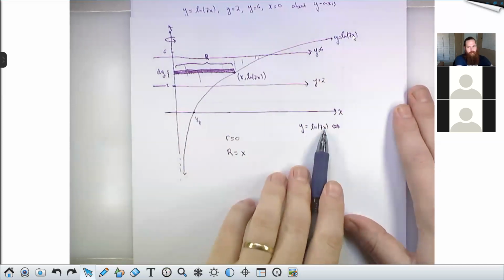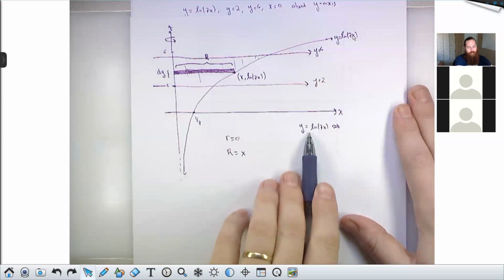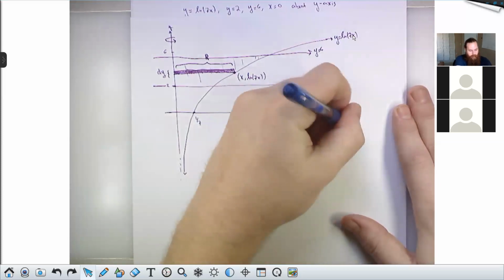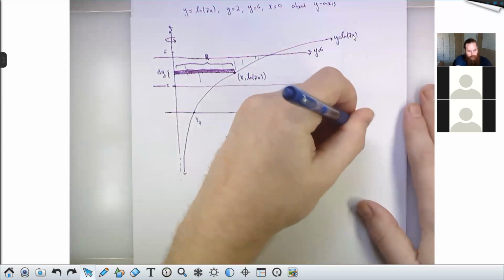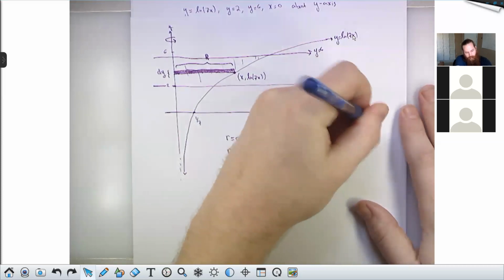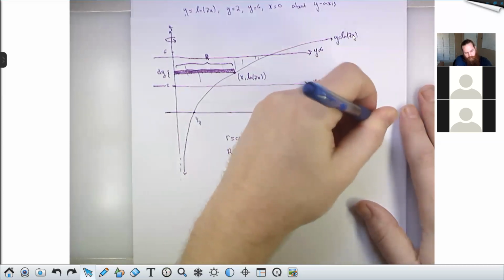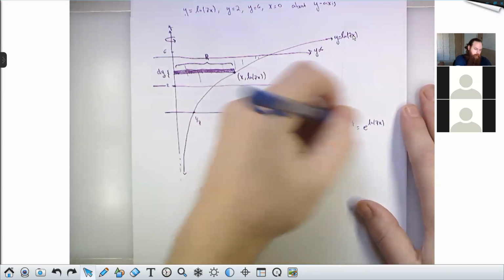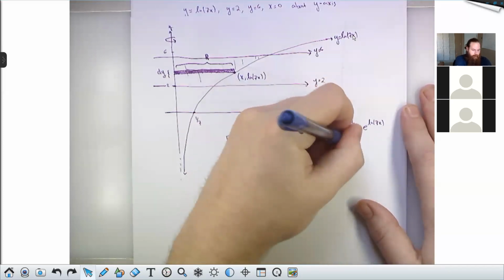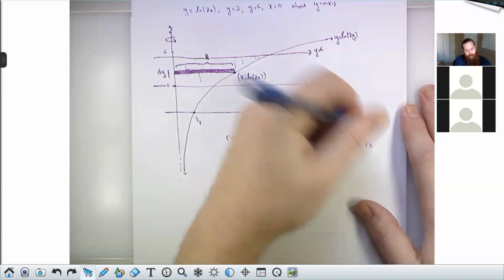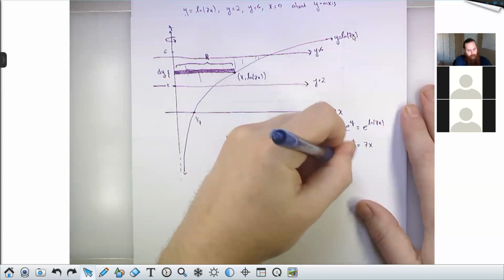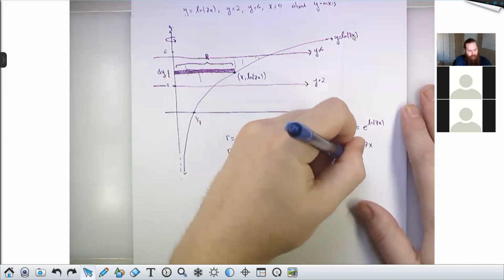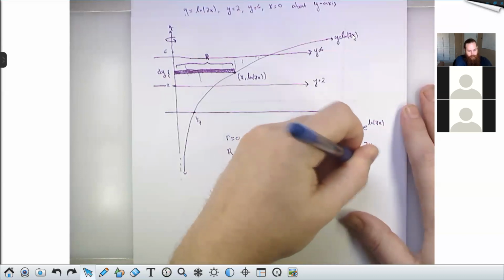We've seen this a few times now. The way to solve an equation like this for x is to exponentiate on both sides. The e raised to the natural log of 7x, that's just 7x. And then you can divide both sides by 7. So that's e to the y over 7 equals x.